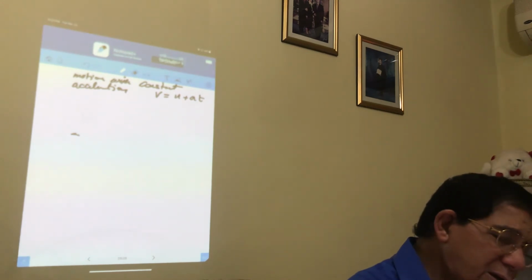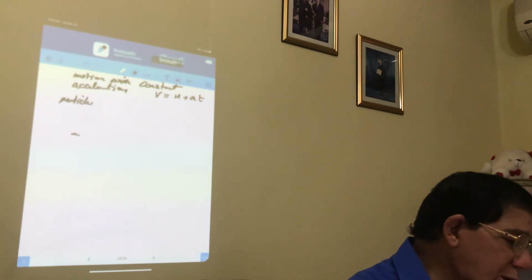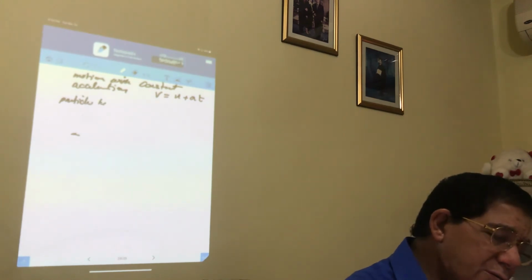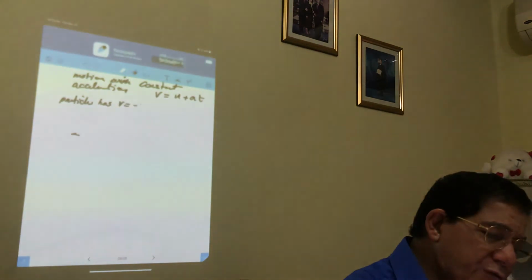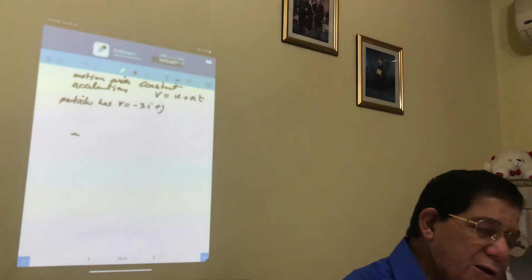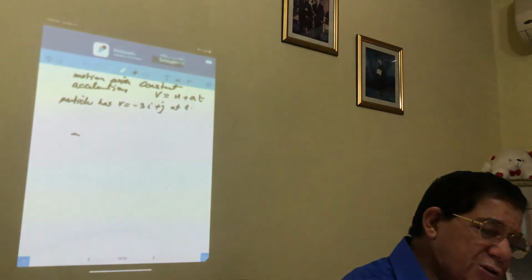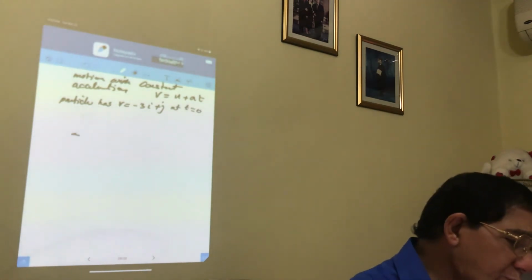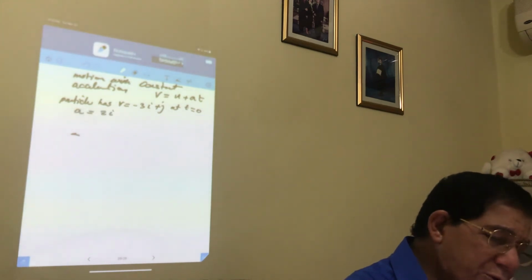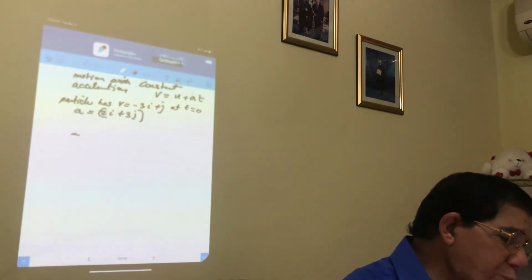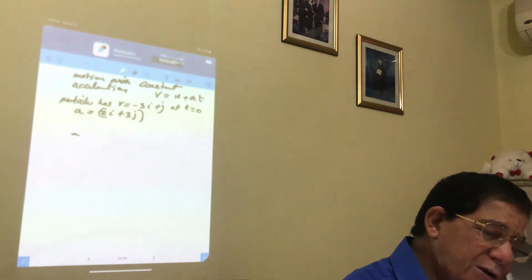A particle has V equal negative 3I plus J at t equals 0, which is the initial velocity. It moves with an acceleration A, 2I plus 3J. What will be the velocity and the speed after 3 seconds, when t equals 3?